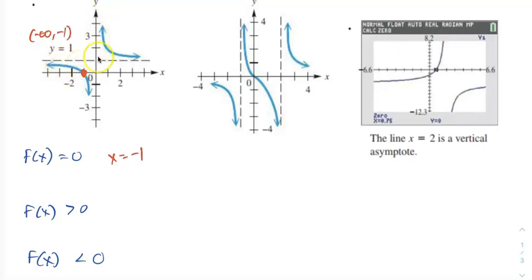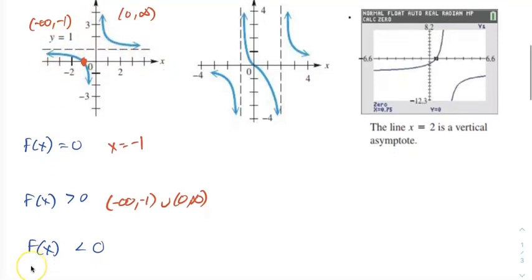And then again, it starts right here. There's a vertical asymptote we can't see, but there's a vertical asymptote right here. And it starts at 0 and goes on forever, so this will be from 0 to infinity. So -infinity to -1, union 0 to infinity. It's where our graph is greater than 0. That's where we're above the x-axis, so from here, right here, and right here.